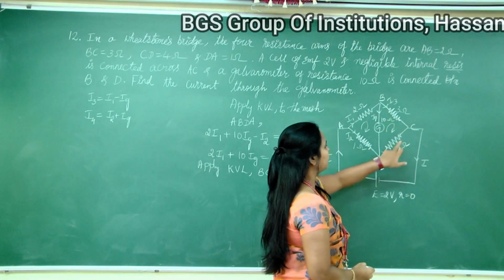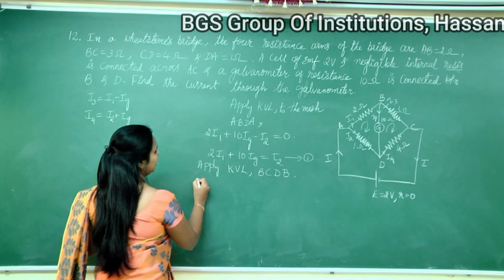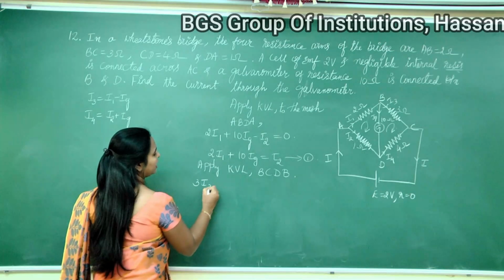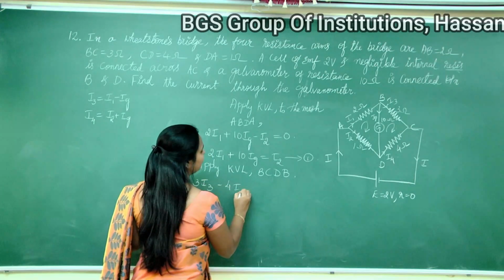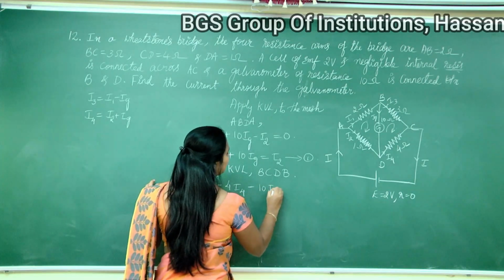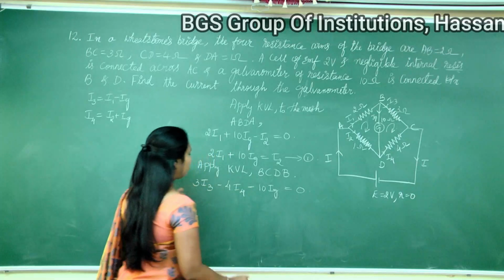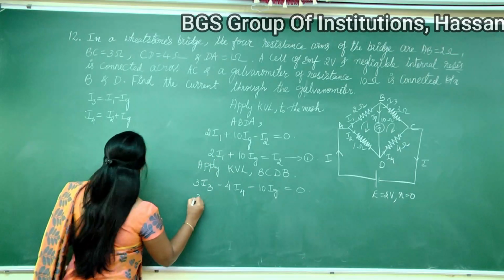I3 ಸೇಮ್ ಡೈರೆಕ್ಷನ್ ಅಲ್ಲಿ ಇದೆ, Ig ಮತ್ತು I4 ಆಪೋಸಿಟ್ ಡೈರೆಕ್ಷನ್ ಅಲ್ಲಿ ಇದೆ. So I can write it as 3I3 minus 4I4 minus 10Ig is equal to 0. Now you substitute for I3 and I4. What is the value of I3?